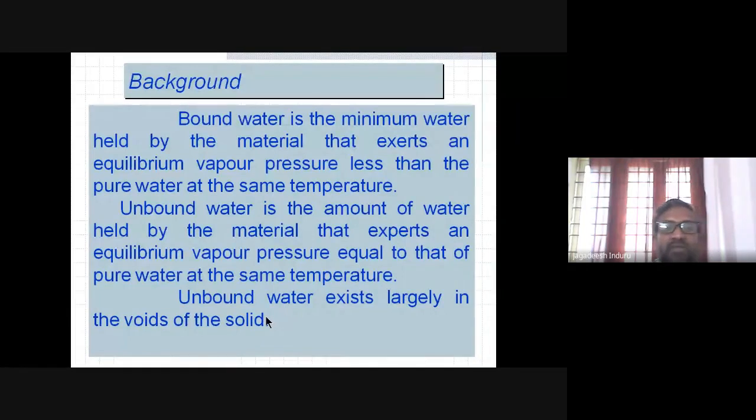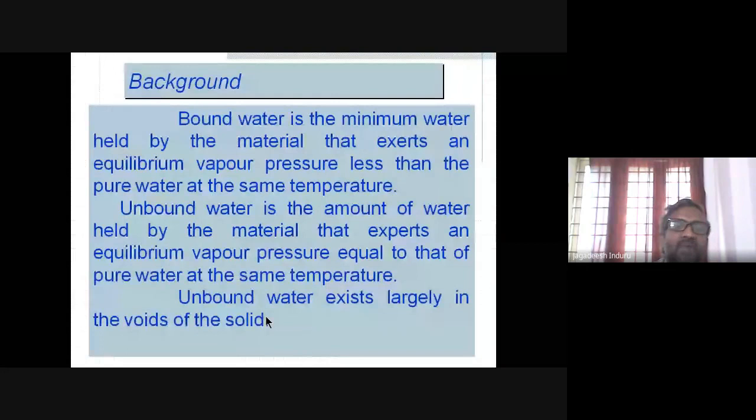So if you keep the solid and pure water separately, it will exert more pressure. When you merge the water with the solid, if the water is bound to the solid, you are going to have a lower pressure because the water is not free to get evaporated. That is the reason it is producing less pressure.